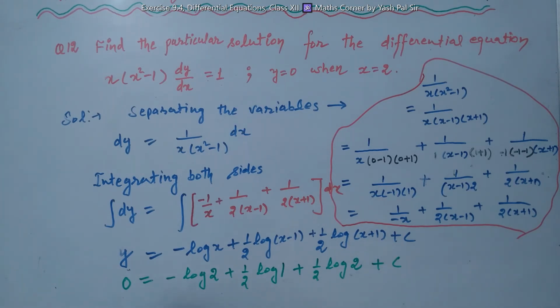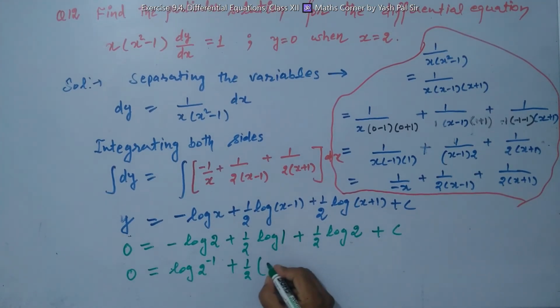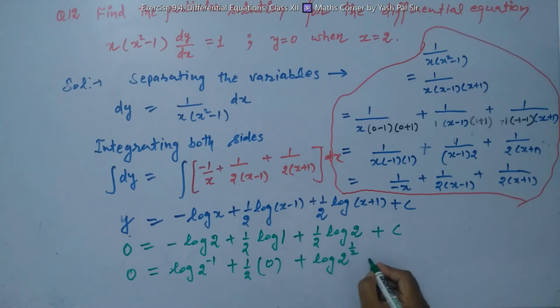So from here, 0 is equal to minus log of 2 raised to power minus 1, plus 1 upon 2 log 1, the value of log 1 is 0, plus 1 upon 2 log of 2 raised to power 1 upon 2 plus c, right.